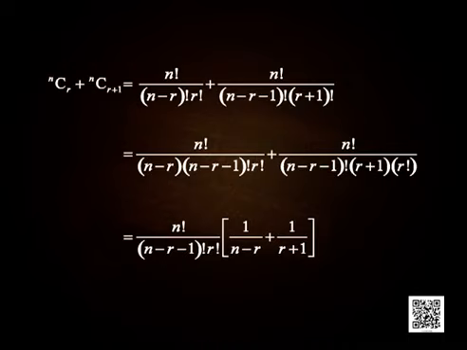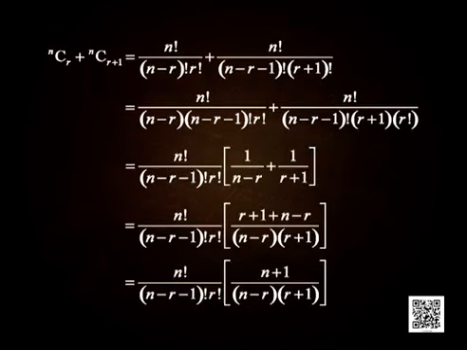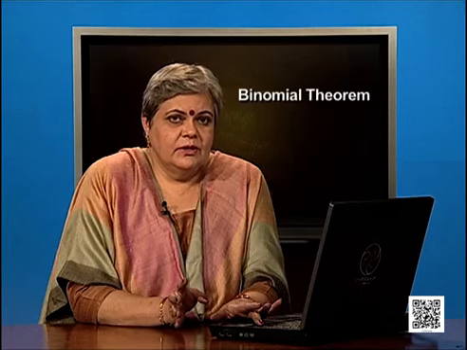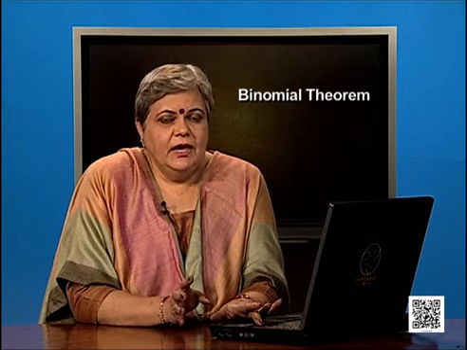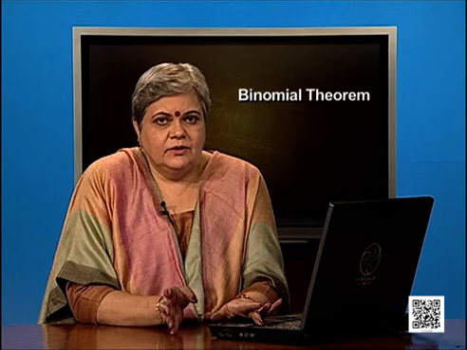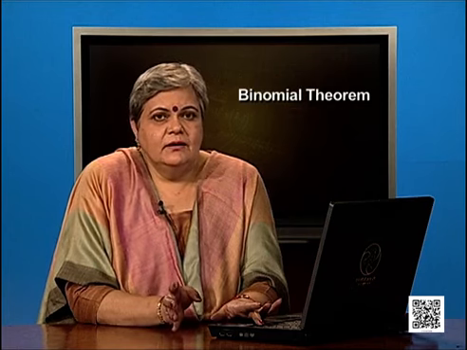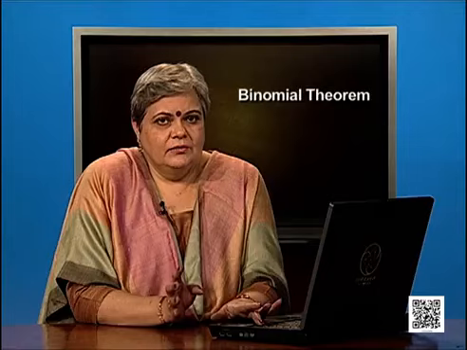If I now continue with taking the LCM and simplify, I am left with n plus 1 by n minus r times r plus 1 and the quantities which I had taken out common earlier. I am sure you can now recognize that numerator, because it is product of n plus 1 and n factorial, is nothing but n plus 1 factorial.